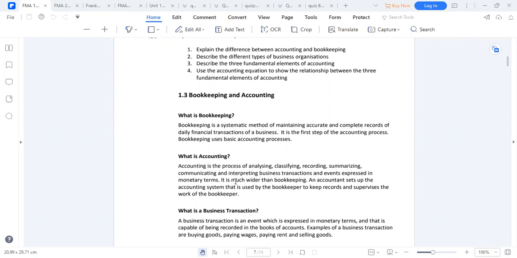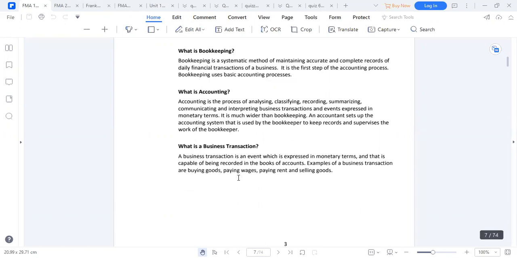And bookkeeping is simply a systematic way of maintaining accurate and complete records in financial accounting on a daily basis. That's the difference. So what is a business transaction? When we're dealing with any business transaction, we're simply talking about an event that is expressed in monetary form. This is an event that is able to be recorded in the books of accounts.